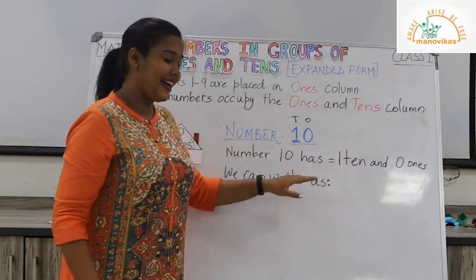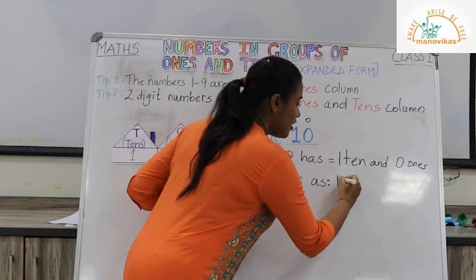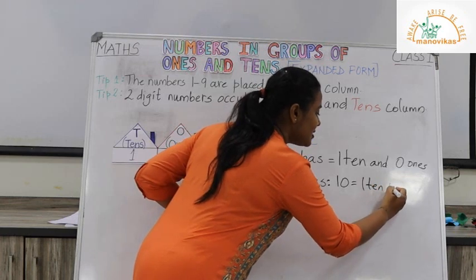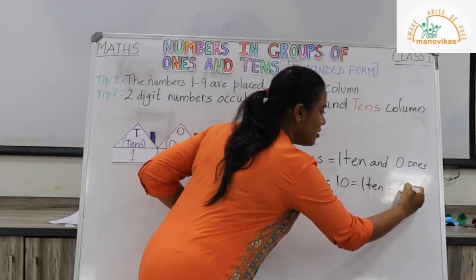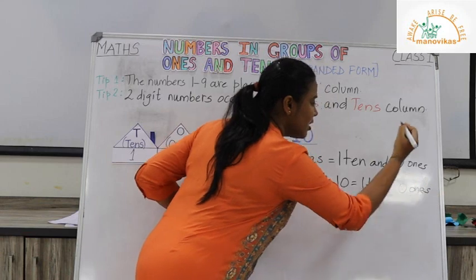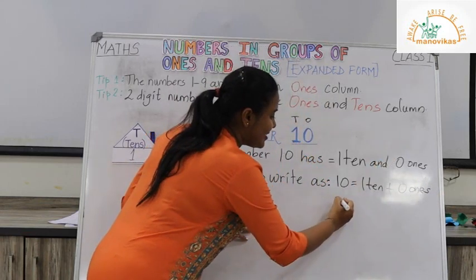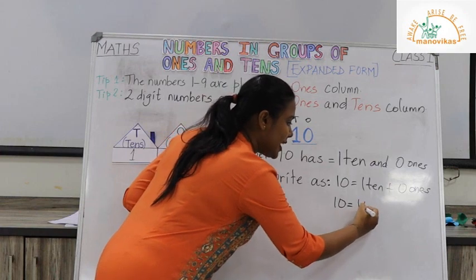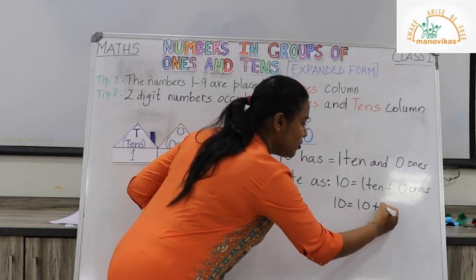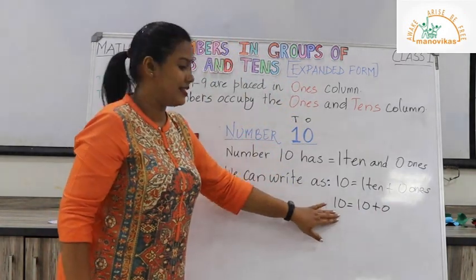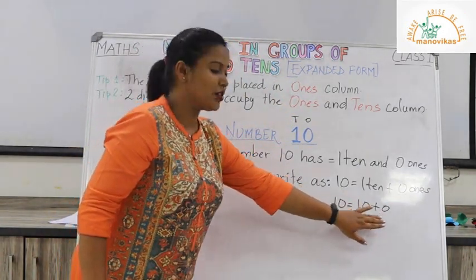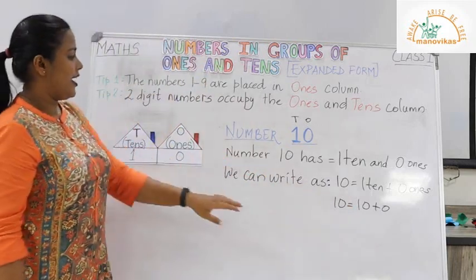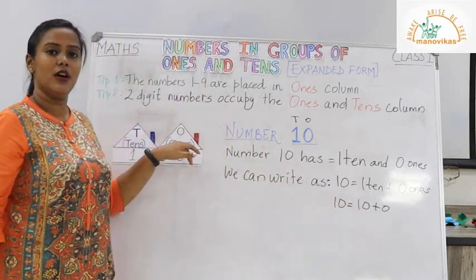And we can also write it as 10 is equal to 1 ten plus 0 ones, which will be 10 is equal to 1 ten will give you 10 plus 0 ones will give you 0. So 10 can also be written as 10 plus 0. 1 ten shows 10 as you can see here, and 0 will show you 0 ones.